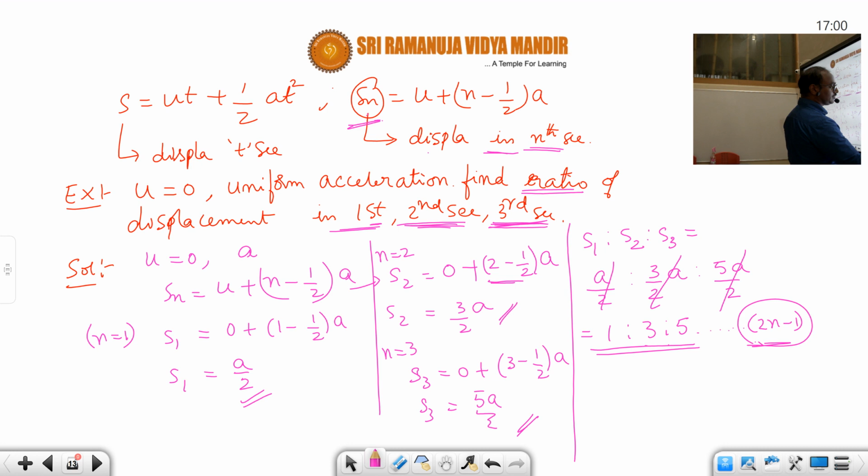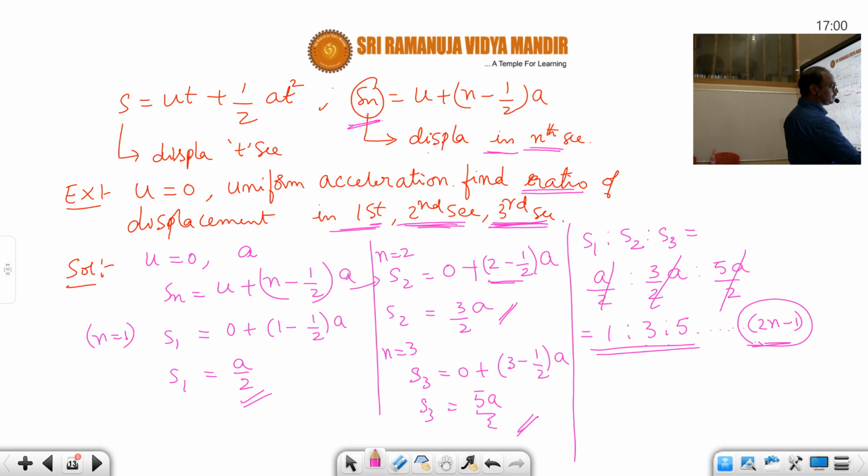A particle started from the rest with uniform acceleration. They are asking the ratio of the distances traveled, the ratio of displacements, say for example in the 10th, 11th and 12th second.